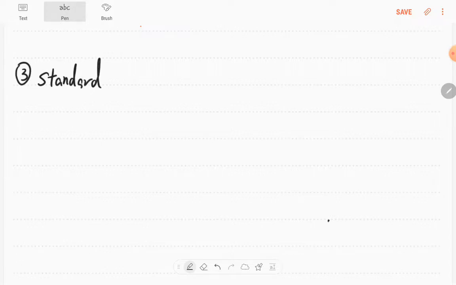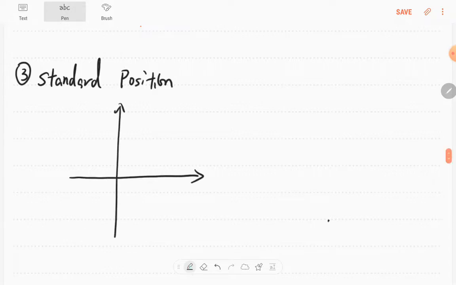Standard position means that if you have the xy plane, our initial side is the positive x-axis.